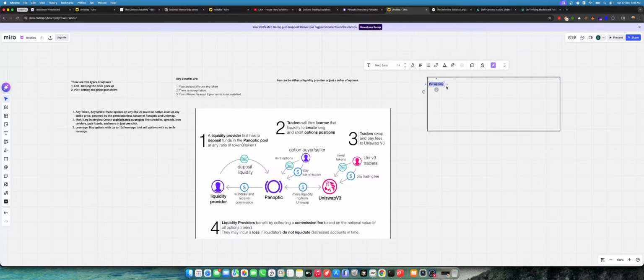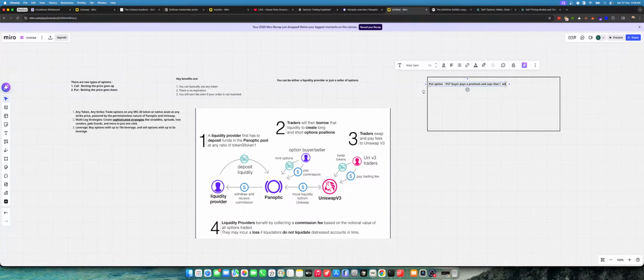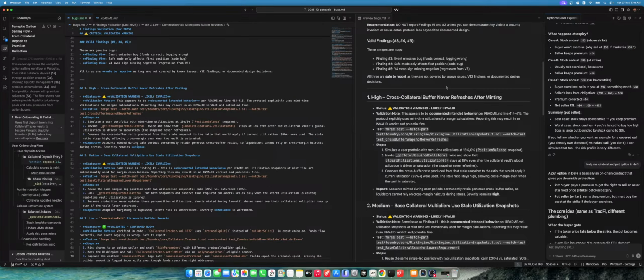The put buyer pays a premium and says that I will sell an asset at a certain price, the strike price.